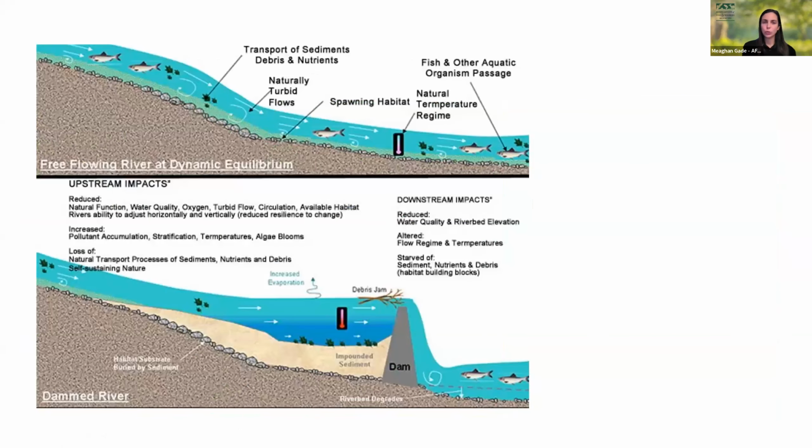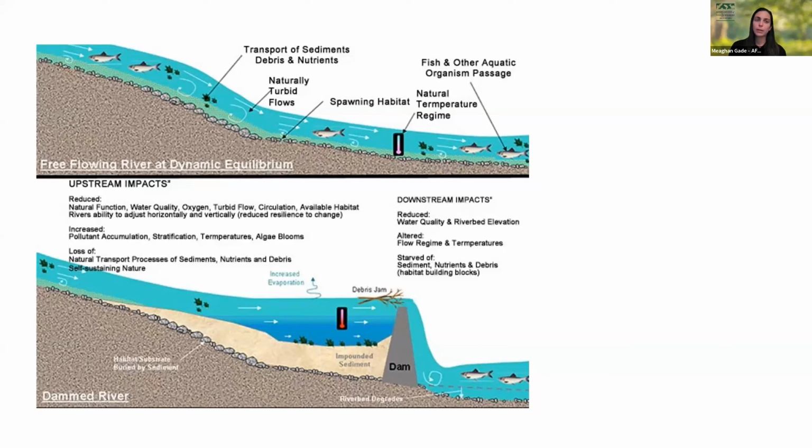So what do dams actually do to the ecosystem? I remember seeing this image in Biology 101, where it just outlines what a natural dynamic river ecosystem should look like and what it might look like after a dam. When we build a dam, we get a lot of sediment buildup at the base of the dam, which makes the water more shallow.